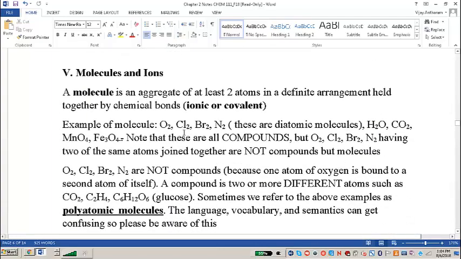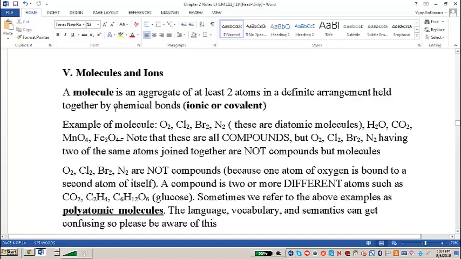All right, now we're entering into a phase of nomenclature. So get those flashcards ready and get those flashcards memorized as best as you can. A couple of terminologies. I talked to you about compounds. There's another term called molecules. And molecules are two atoms in a definite arrangement held together by chemical bonds.